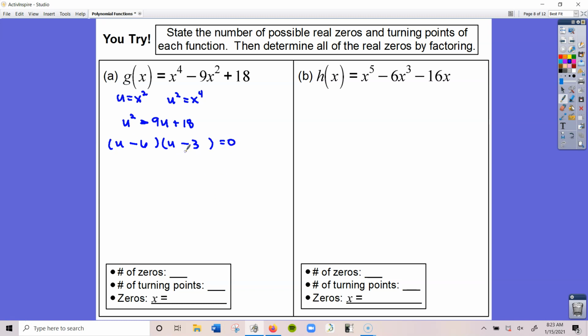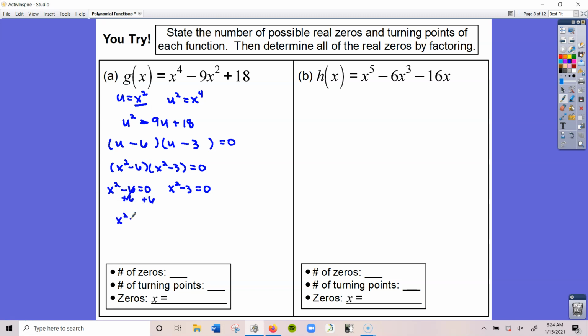Once it's factored, we replace u back with x squared. So this is x squared minus 6 and x squared minus 3. And now we make each individual factor equal to 0 and solve. Here I'd have to add the 6.